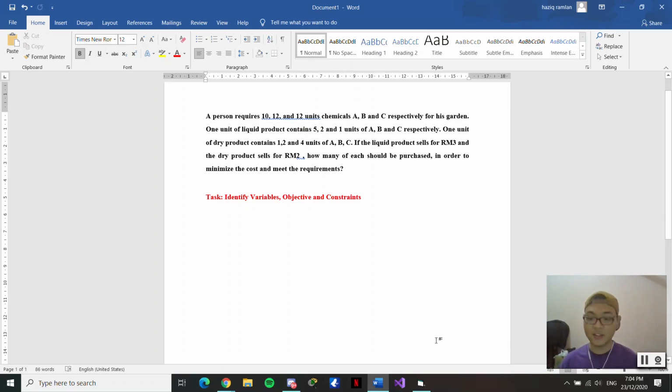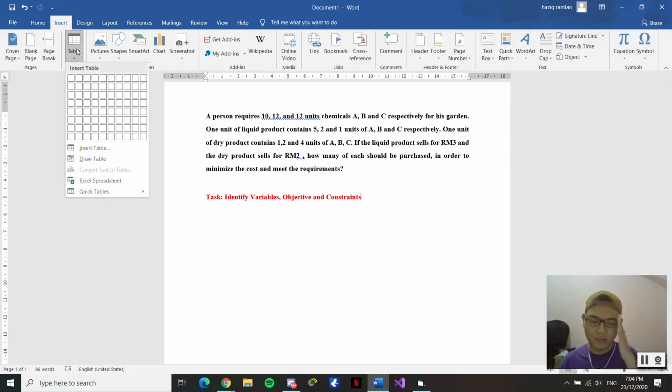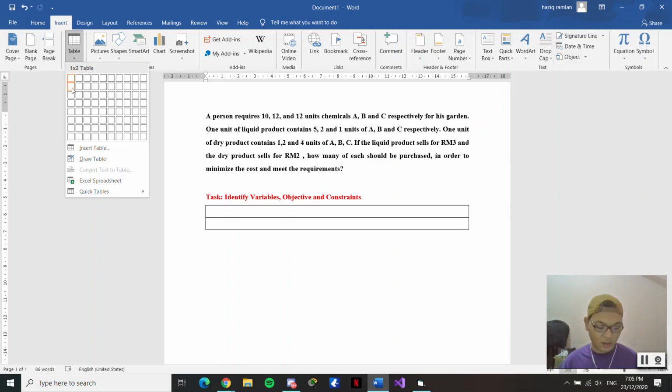First thing first, before we answer everything, the easiest way for us to solve the question is by doing a table, so we can see how it goes, how it moves around. So first, I'm going to insert the table. Just put any number you want. I'm just going to guess for the variables, then the liquid and dry products, and then the requirements.